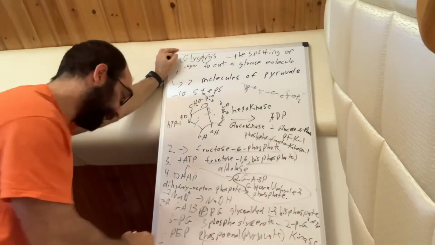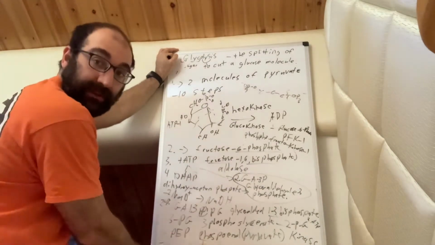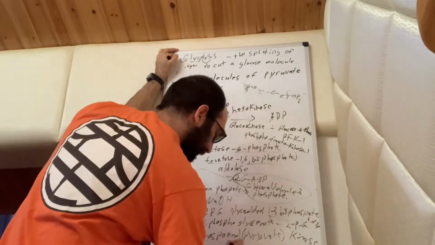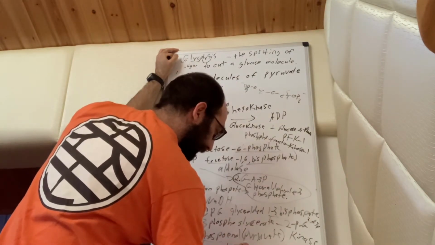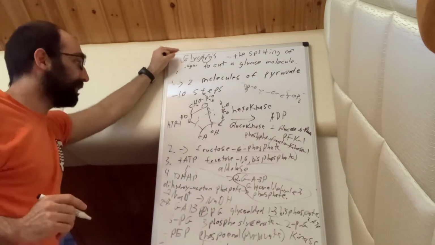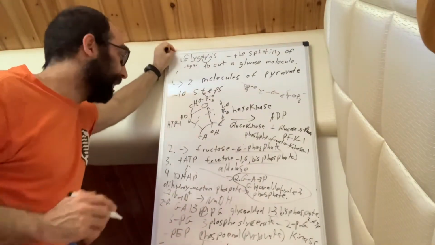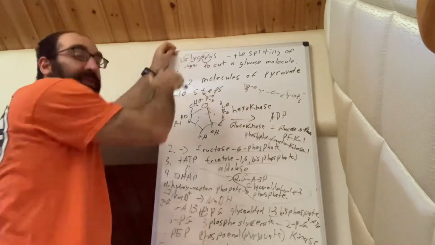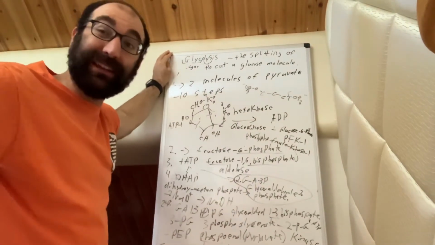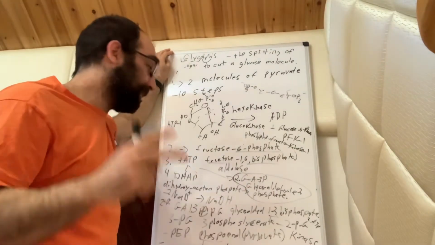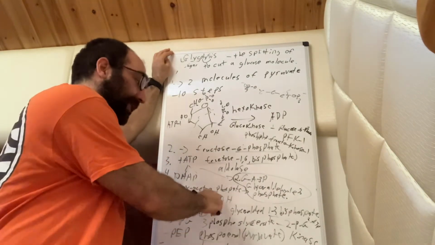And then, down here, when you convert phosphoenol pyruvate into pyruvate, you also lose another phosphate group, which means you make 2 more ATPs. Okay, so in our energy investment stage, you spent 2 ATPs to make fructose 1,6-bisphosphate. But in the end, you pay off, you actually make 4 ATPs, which means you get a net of 2 ATPs.